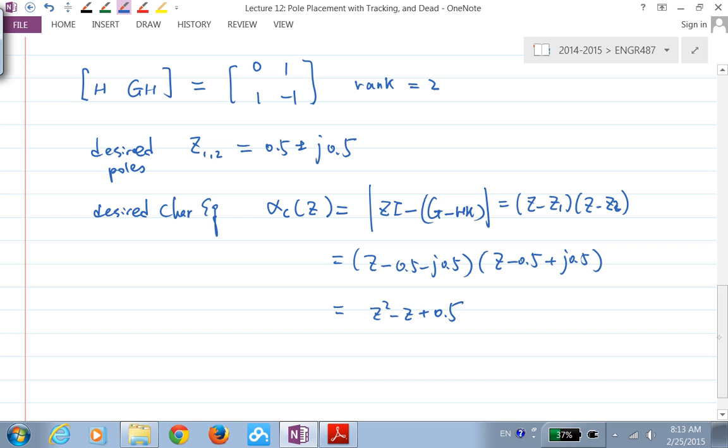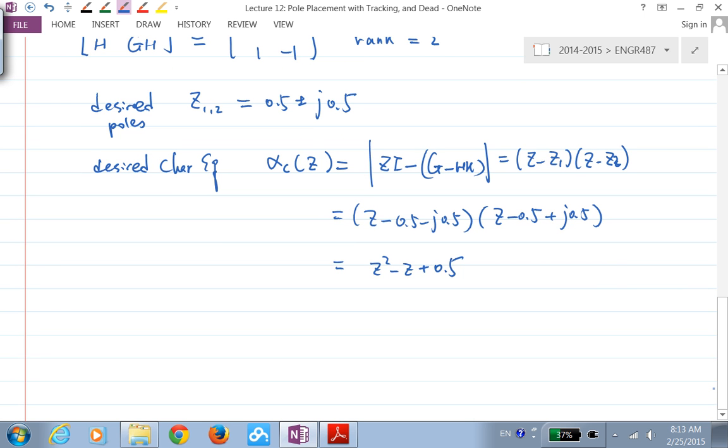Now it's up to us to calculate the gain matrix. There are different ways of doing this, if you remember from the previous lecture. At the end of the last lecture, we presented a method called Ackermann formula, so let's try that one here. Using Ackermann formula, what will be the gain matrix K?